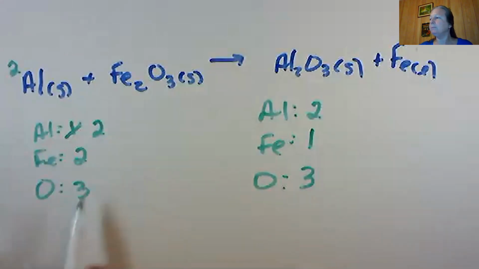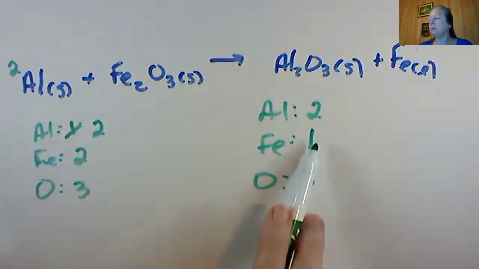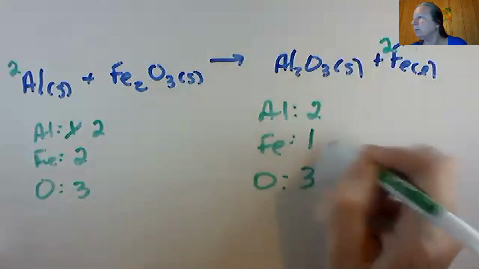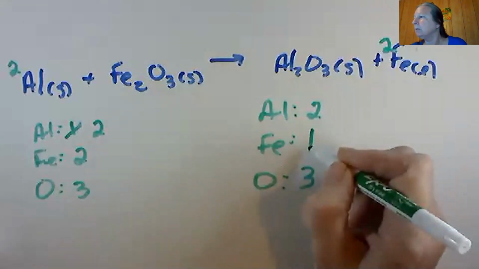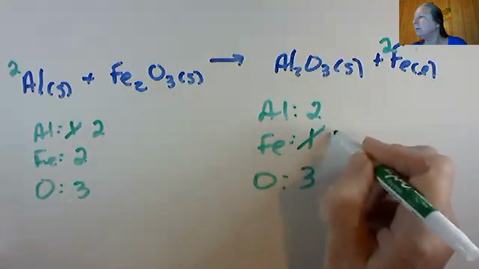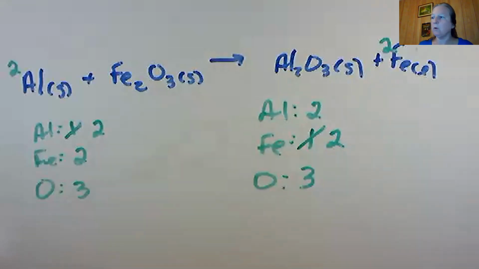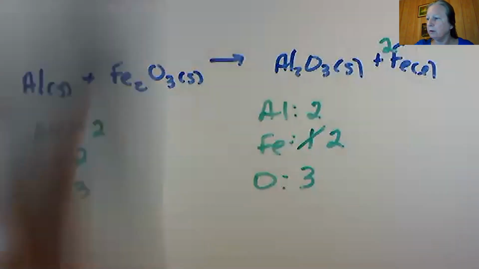Okay, what's the next one? I have 2 iron and I have 1 iron over here. So I'll put a 2 up here. So I'll make my coefficients bigger.